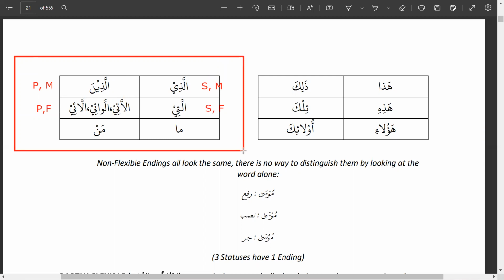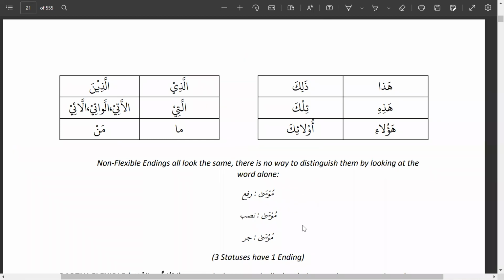So these are the basics about ism mawsul, or connector isms, and inshallah we are going to learn more as we go through chapters and different, new types of sentences.